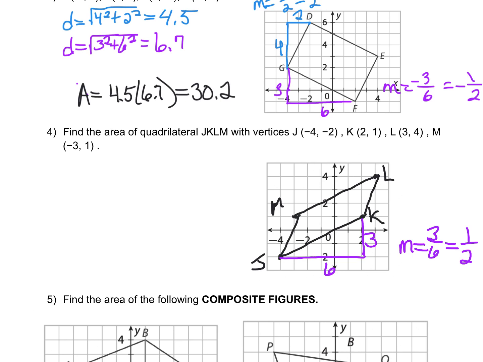So my perpendicular slope is going to be -2. So I'm going to start at M and go down 2/1. So the distance of that pink line is down 2 over 1, which is the height.